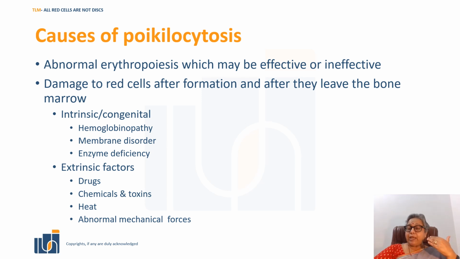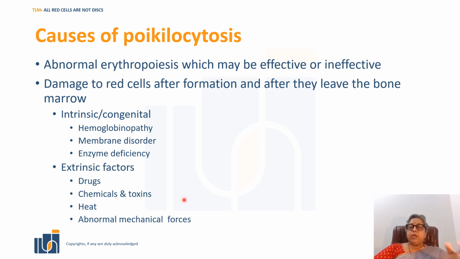This damage could either be intrinsic or congenital, because of a hemoglobinopathy, because of a membrane disorder of the red blood cell, because of enzyme deficiencies in red cells which lead to some disorderly metabolism of the red cell. Or it could be because of extrinsic factors like drugs, chemicals, toxins, heat, abnormal mechanical forces, and so forth.